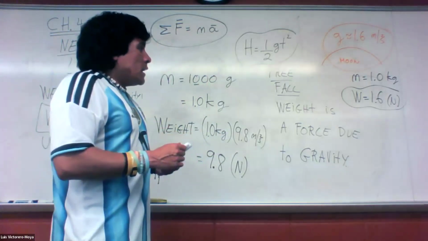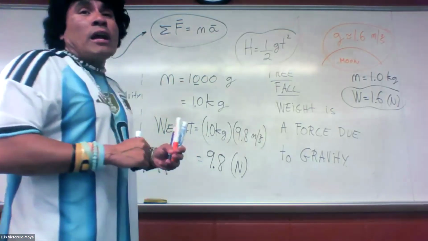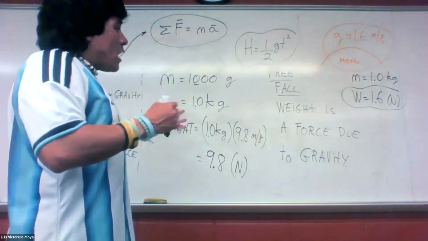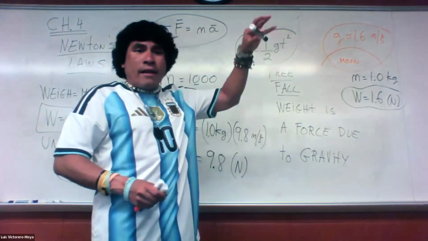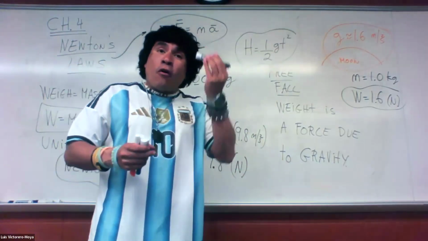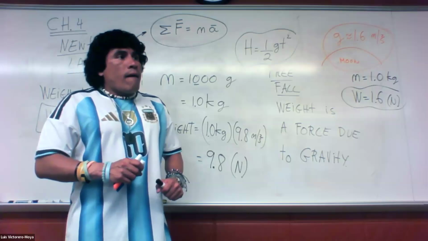Right now I'm showing you Newton's view of gravity, which is basically what I've been saying, a force, right? So this pen falls towards the ground because there is a force between the pen and the earth, all right?